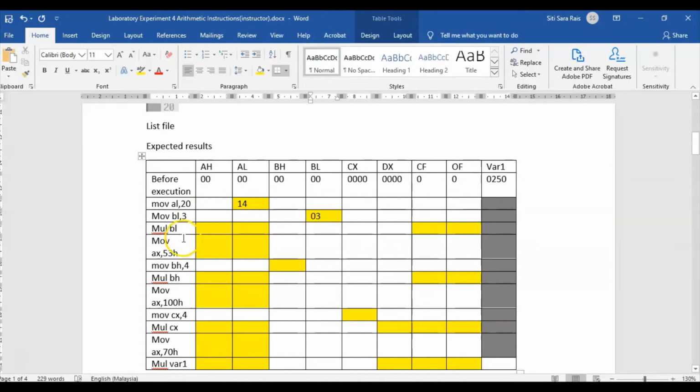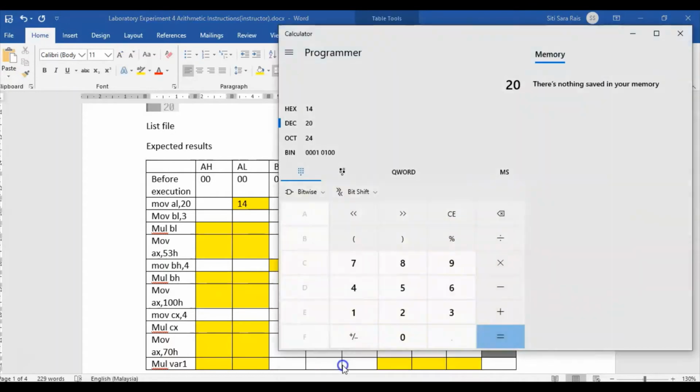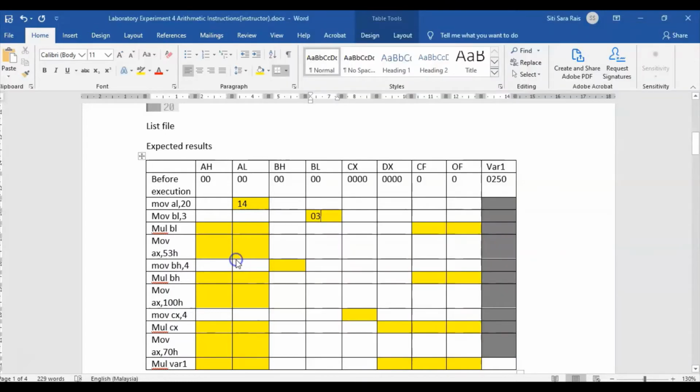Then we have to multiply BL and AL: 14 multiplied by 3, so we get 3C. Then move AX, and we have 0053.